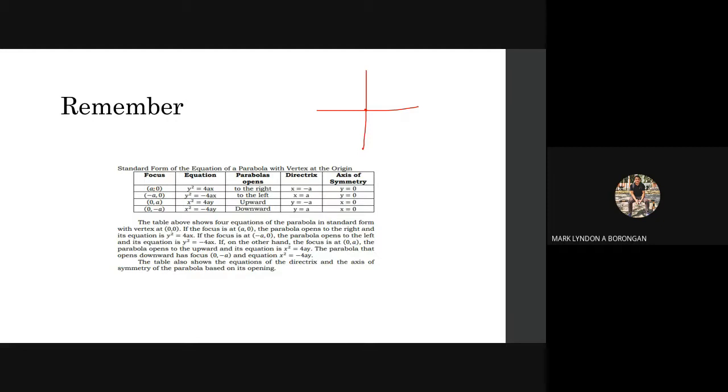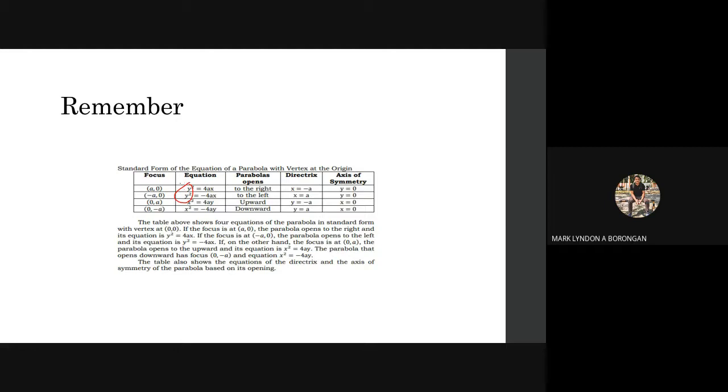Our parabola could face this way, or this way, or this way, or this way. So it could open left, right, up or down. How do we determine whether it opens to the right or to the left? If it opens to the right or to the left, our equation will start at y squared.